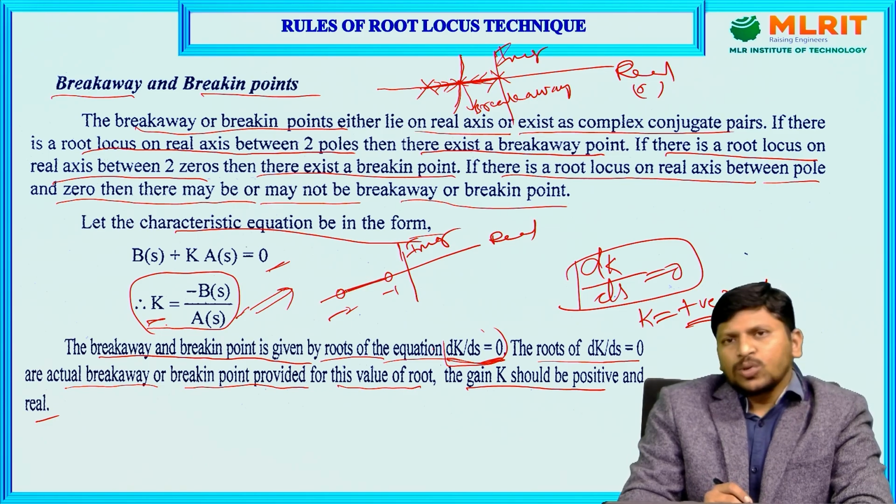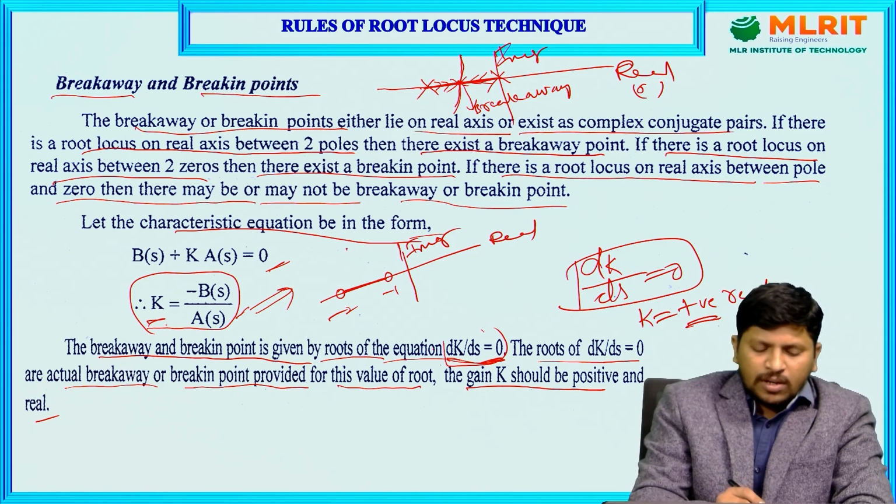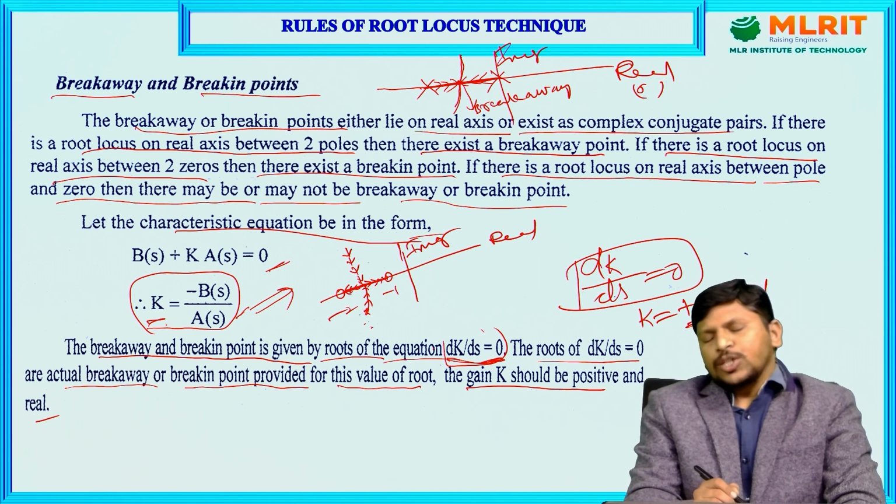So always root locus starts at the pole. So here somewhere it starts, and ends here, or somewhere starts and ends here, starts somewhere here. So infinity or some pole at start, ends at the 0.